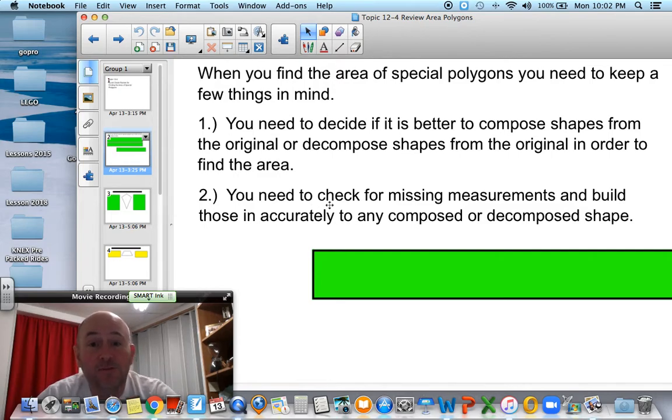So in other words, if you decompose a shape, the original measurements will probably be accurate and they will work, but if you decompose a shape and turn it into something else, then you have to look at the measurements and make sure you transfer them accurately. Sometimes you have to double them, sometimes you have to cut them in half, sometimes you add, subtract. But be careful when you compose or decompose shapes that you remember the original measurements.